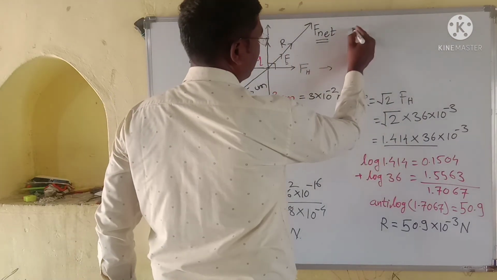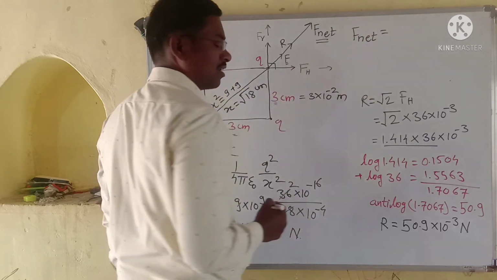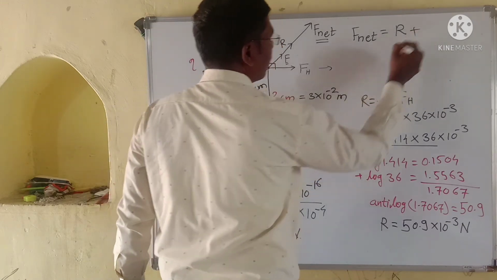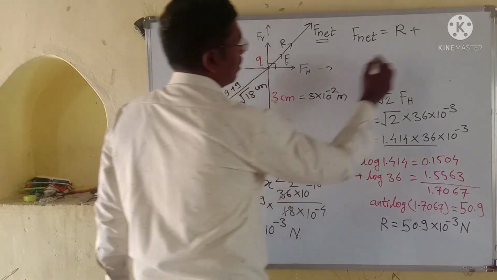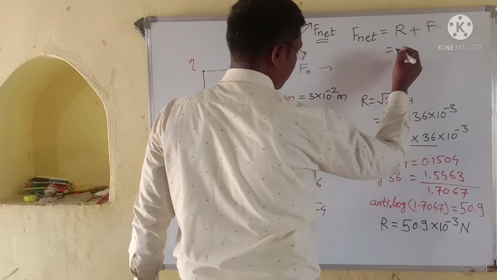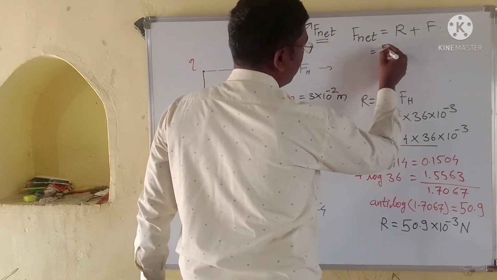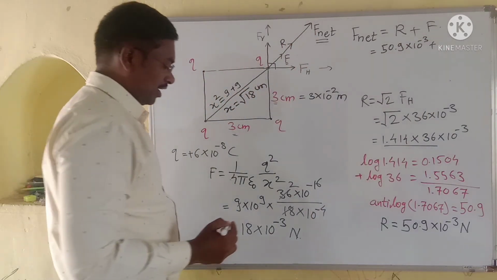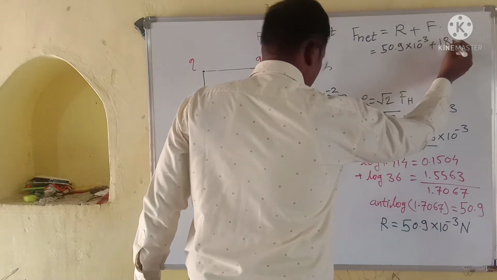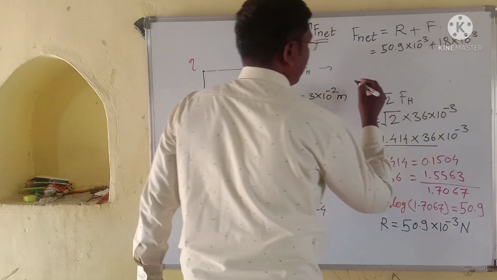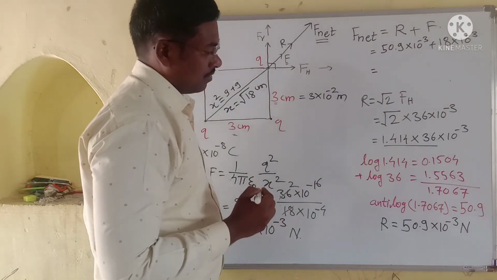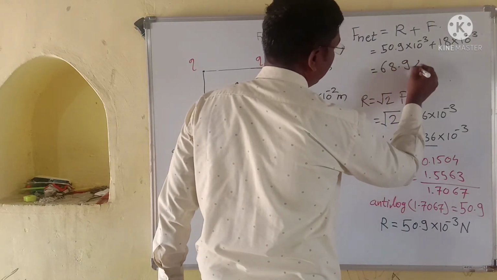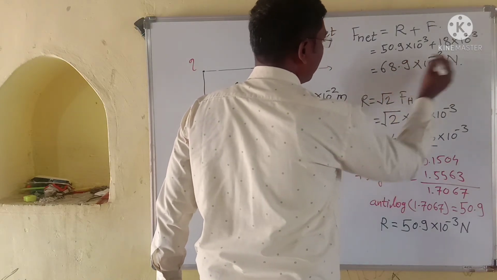F net, or resultant force, is equal to the resultant force of the two forces plus the force on the diagonal F. So it is equal to 50.9 into 10 raised to minus 3 plus 18 into 10 raised to minus 3, which is equal to 68.9 into 10 raised to minus 3 Newton.